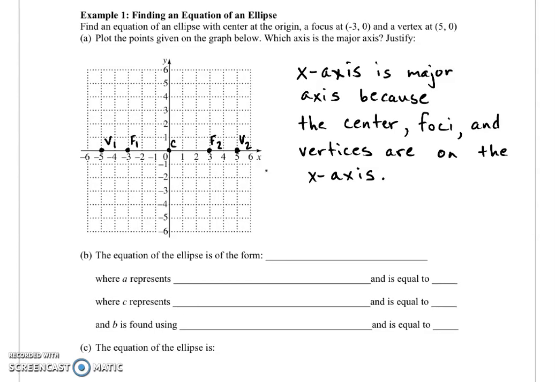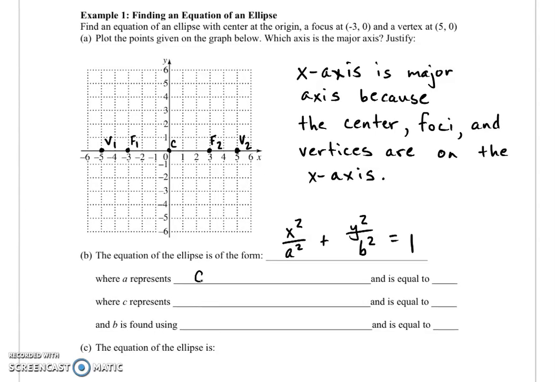Okay, that means since our x-axis is the major axis, that our equation of the ellipse is of the form x squared over a squared plus y squared over b squared equals 1.